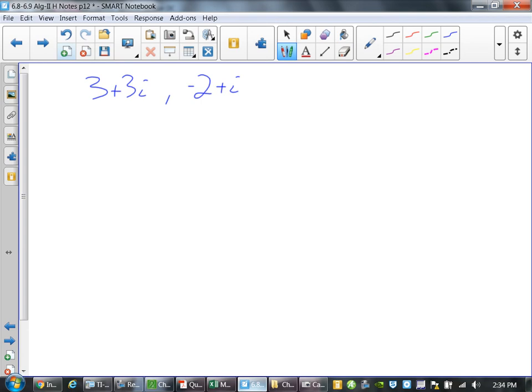So we start by writing that out. We have 3 plus 3i. I have to have a 3 minus 3i. Negative 2 plus i, and then I should have a negative 2 minus i. Now, when we multiplied these things out, we treated it just like we did a regular zero. We would take x minus our zero each time, and then we would distribute the negative and rewrite.